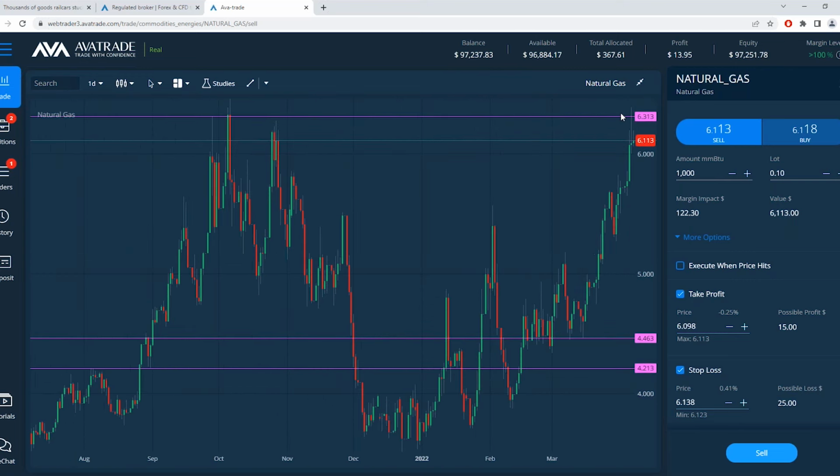So if you get up, say 6.35, 6.33, you're above that resistance level that we drew the line on. So stop loss, 6.33. Take profit, maybe this first support level I drew down here, which is around 4.5.